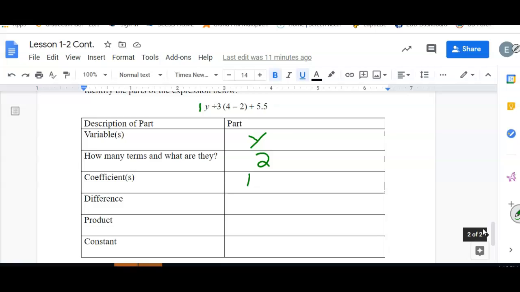What's the difference here? The difference would be, Clayton? 2. Yes, if you solved it. But the problem would be 4 minus 2. Okay, you just solved it there. And the product?